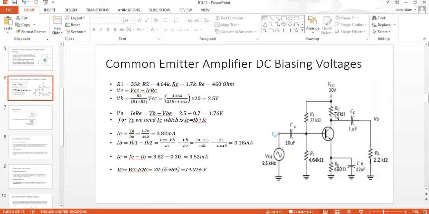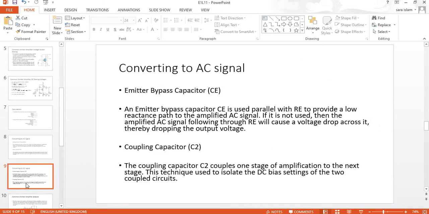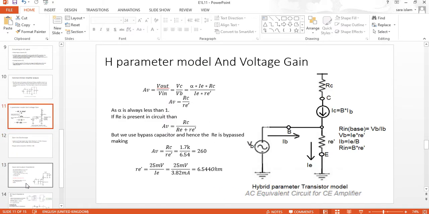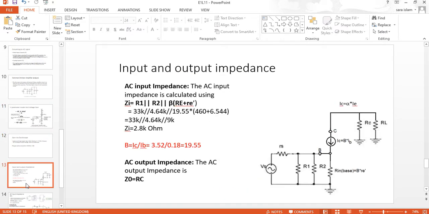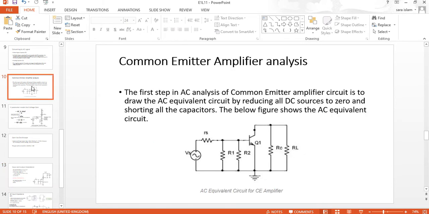So 460, 1.7 is the RC, and these two are 33 and 4.64, the capacitors. R1 parallel with R2 parallel with beta times Re plus re naught. Beta is a new element here, Re is known as 460, and re naught is something we calculated in one of the previous slides.